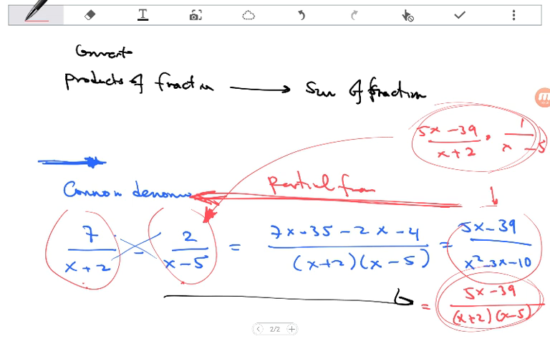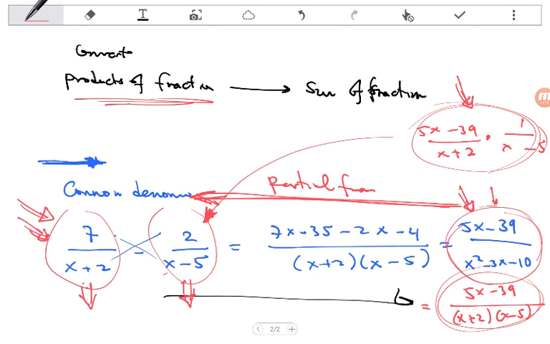This is what we will learn today. To make the expression be in partial fractions, these are called partial fractions. Okay? To convert a product of fractions to a sum of simple fractions. Each of these simple fractions can be integrated easily. I can't integrate this as easily as those.